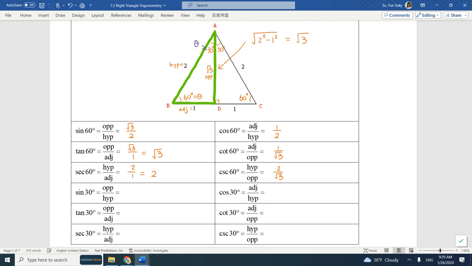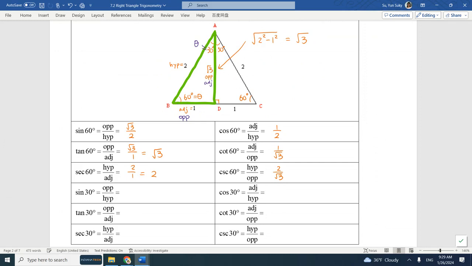Then who's my opposite? 1. The opposite becomes 1. How about the adjacent? Yeah, the adjacent becomes square root of 3. But the hypotenuse remains the same. Right, everybody?